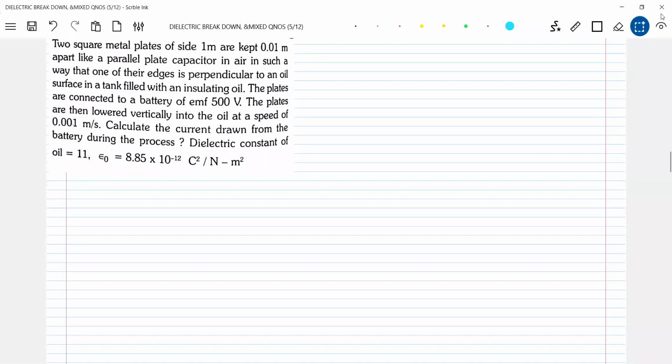You're supposed to make a guess of the diagram. This is one plate.